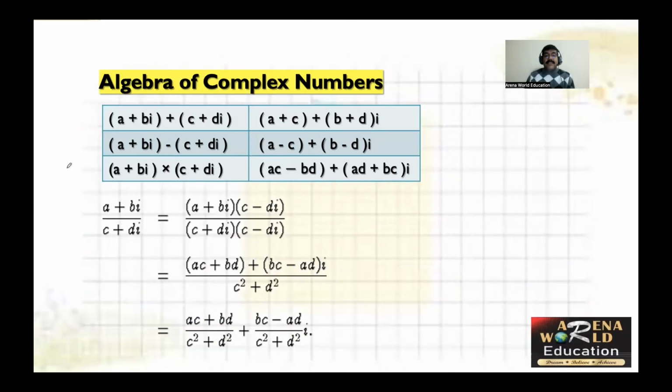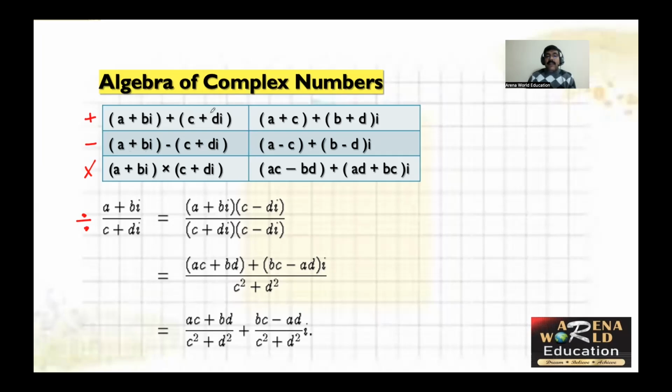Now let us discuss the algebra of complex numbers, meaning how to add, subtract, multiply or divide two complex numbers. So the first complex number is a plus b iota and the second is c plus d iota.